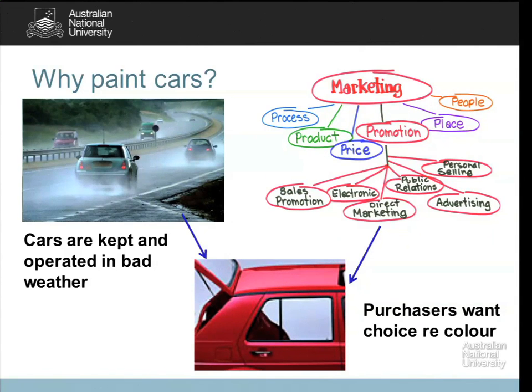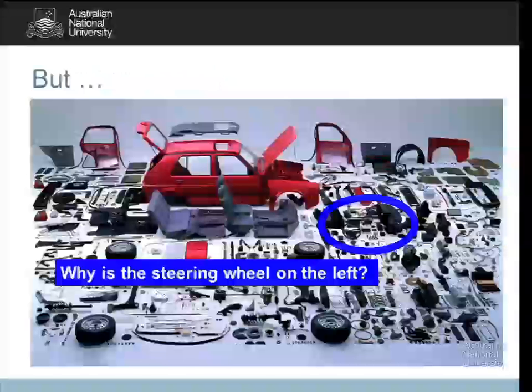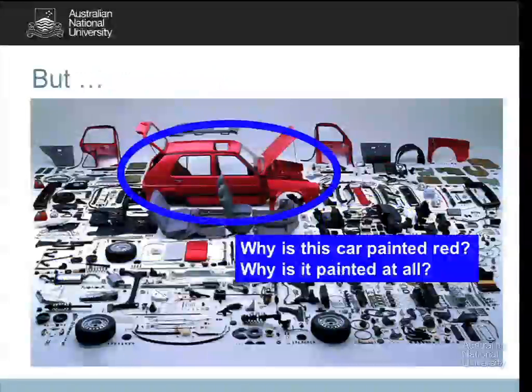The colour has a lot to do with marketing, the promotion, what people want. Customers prefer one colour over another, so the car suppliers tend to provide a range of colours. But again, you would never be able to answer that question by just looking at the car. If you just looked at that picture, it couldn't tell you why the car is red or why it's painted.